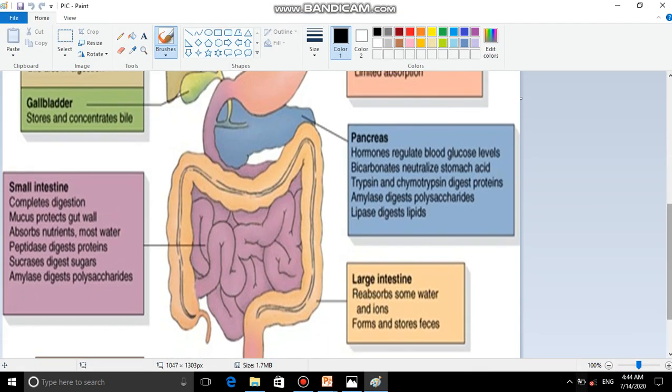Now see, here the small intestine ends. By this time everything is digested, nutrients are absorbed. Now the undigested food along with a lot of water enters large intestine like this. Then the undigested food passes like this.